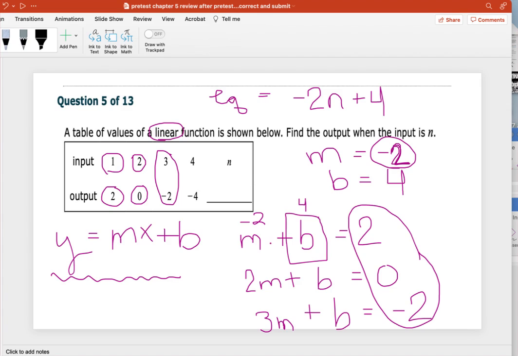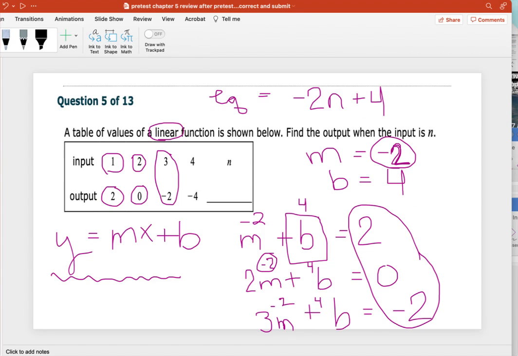So now I check. Will it work if I put negative 2 and 4 in this one? Negative 4 plus 4 is 0. It works. Will it work if I put negative 2 and 4 in this one? Negative 6 plus 4 is negative 2. And it works. So we have our equation.